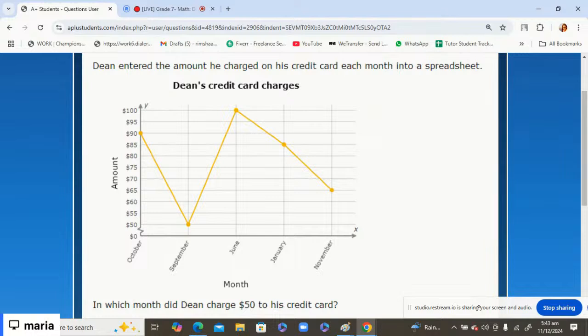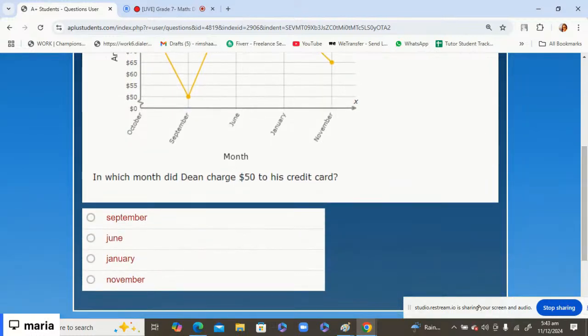Let's see. On October it's 90, September it's 50, June it's 100, January it's 85, November it's 65. So exactly $50 is in September. So we go with September.